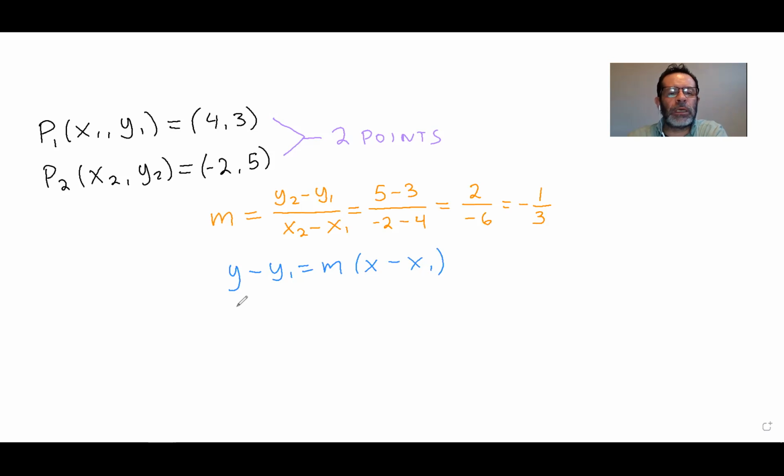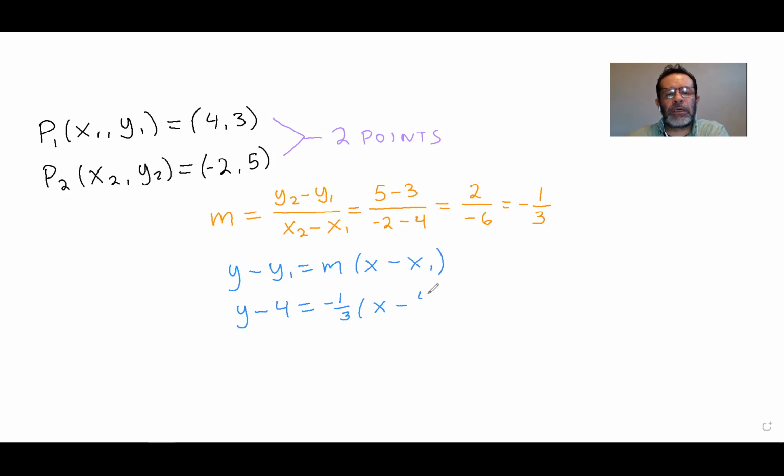It's going to be y minus 4 equals m, which is the slope, -1/3, times x minus 4.